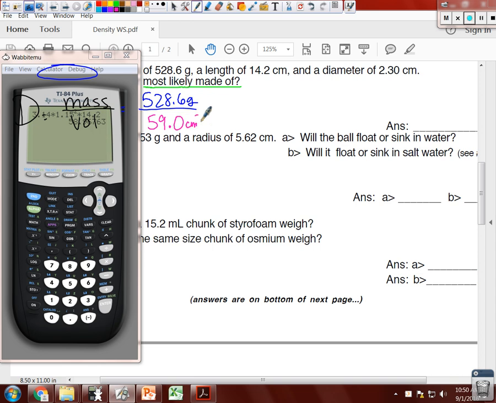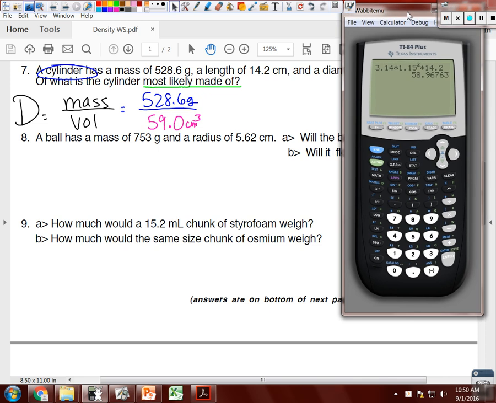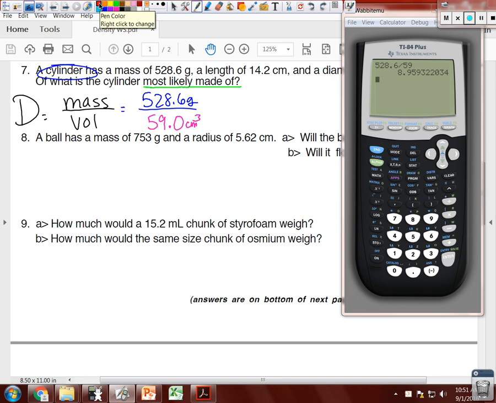And that's cubic centimeters. Okay? And then, move this over here, and I promise I'll get out of your way. So clear, we need 528.6 divided by 59. It's going to give us that number. 8.96.